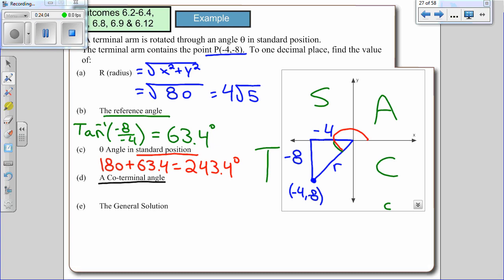I'm going to show you two coterminal angles. Okay? First coterminal angle would be if I went all the way here, which would be 243 degrees. But then I took that terminal arm and I just spun it one more time all the way around. So I added 360.